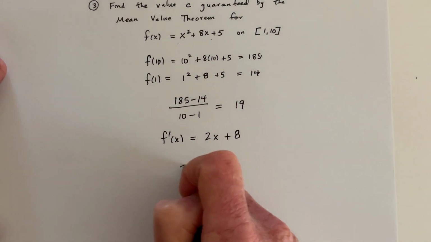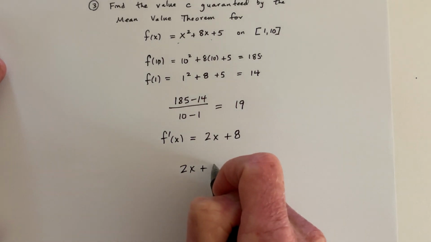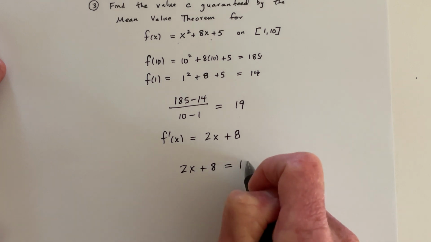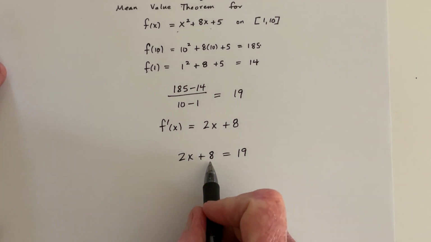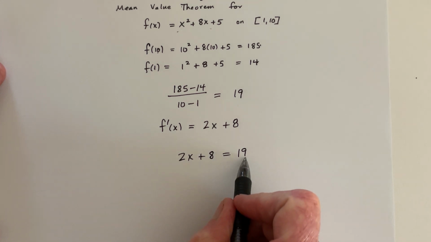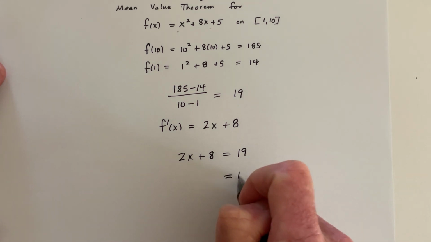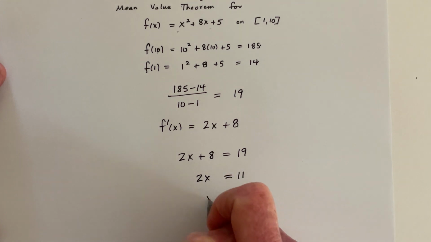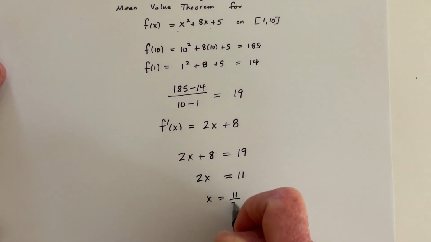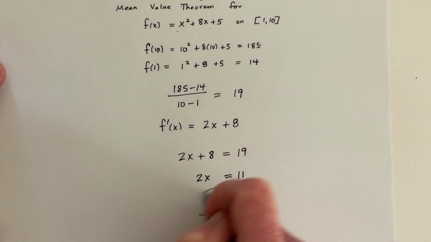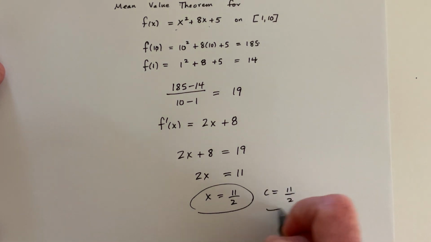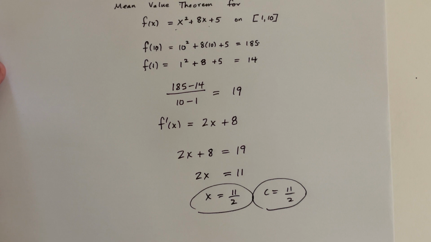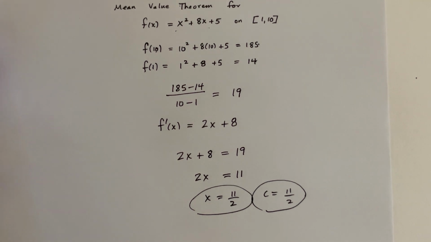So there has to be a place where 2x plus 8 equals 19. And then you could just subtract 8 from both sides. So 19 minus 8, that's going to be 11. And then x is 11 over 2. And then one small technicality is that the mean value theorem calls it the letter c. So c equals 11 over 2.